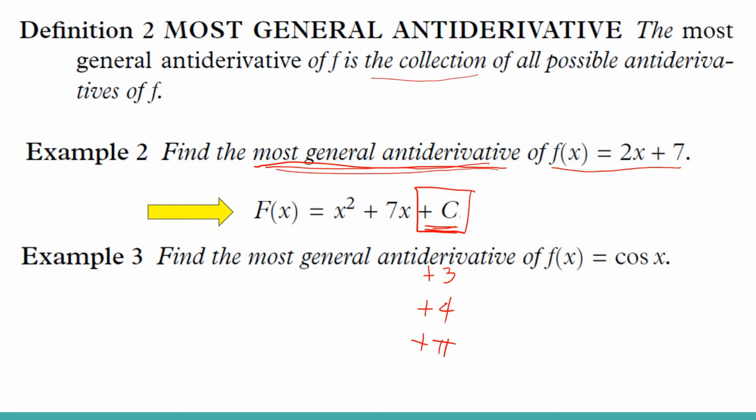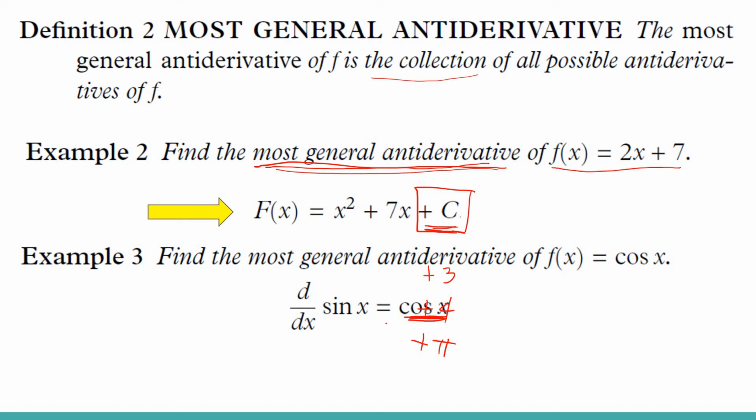Number 3, find the most general antiderivative of f of x equals cosine x. The derivative of sine x equals cosine x. Please excuse these writings.